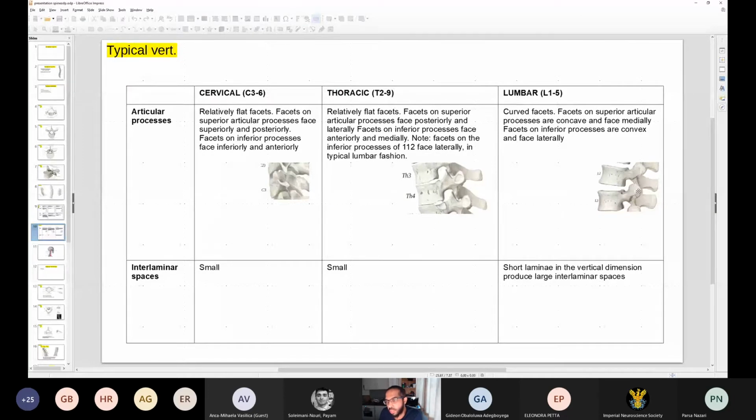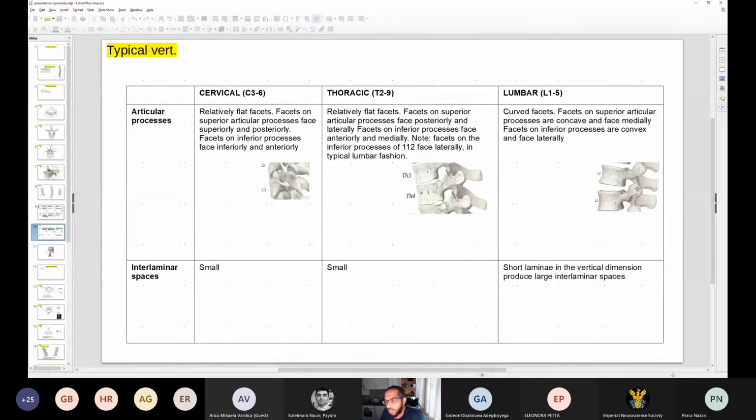So one thing is that they are facing medially. That's what makes all the difference from this, which is facing laterally, and this is clearly not facing laterally, because I can't actually see the joint. So this is pointing away from me. I can't really see it.